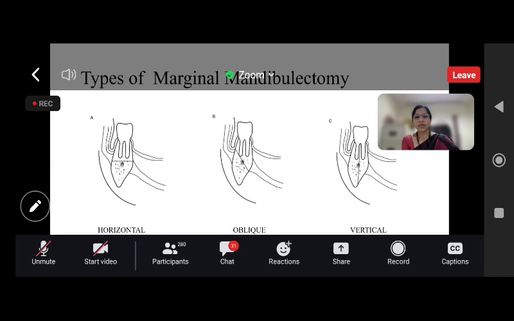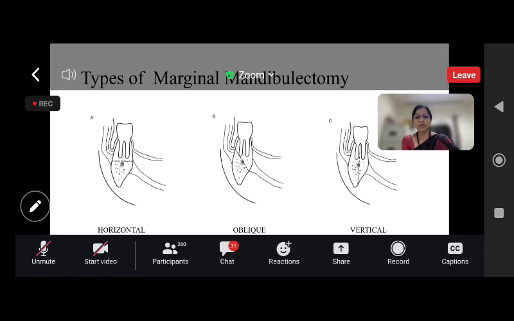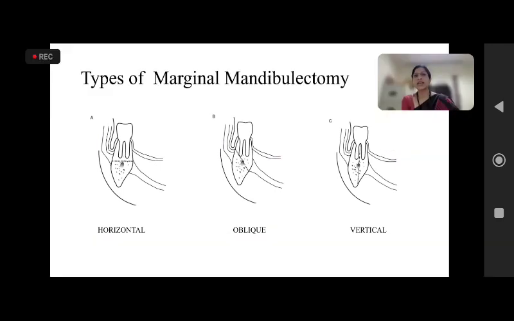Doing a vertical marginal or oblique, you actually take care of a major part of the mandibular bone. But the inferior part of the mandible is the strongest, as we know from the cadaveric data, and more than 50% of the cross section of the mandible is in the inferior cortex.